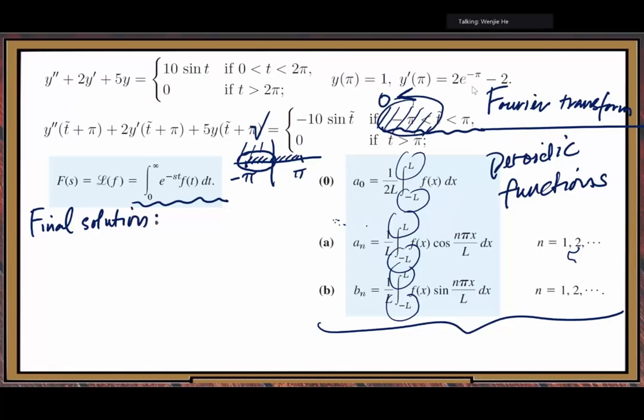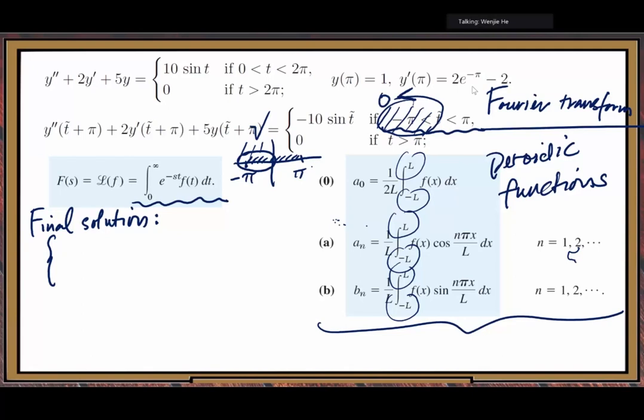Two cases. Based on my grading, I saw two ways our students handled this situation. The first way: after you inverse Laplace transform, you need to shift your coordinate system back to the original coordinate system, right?